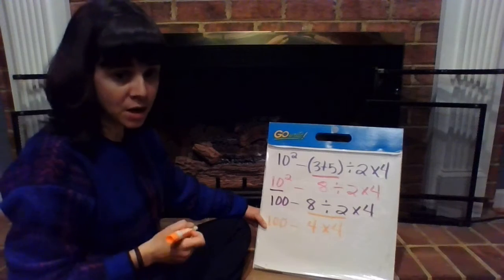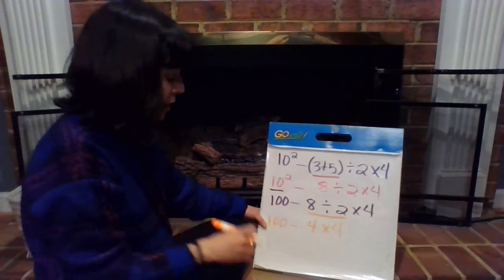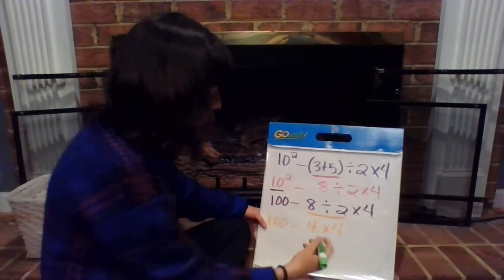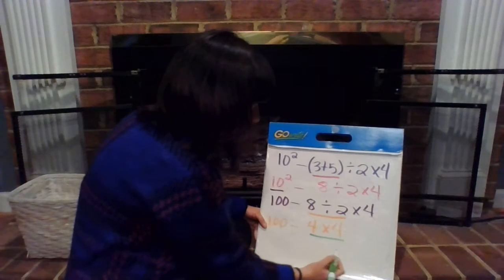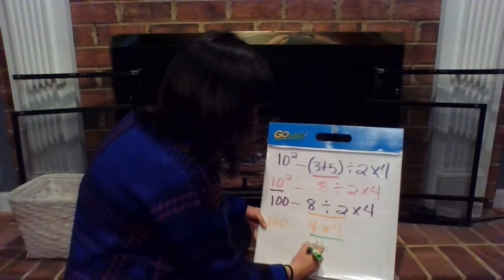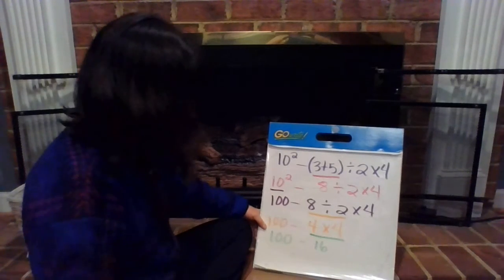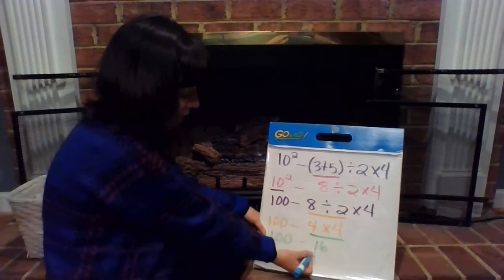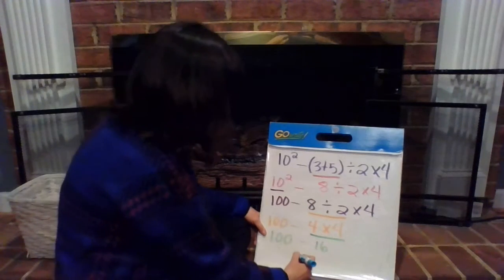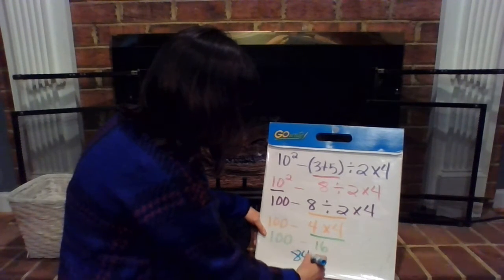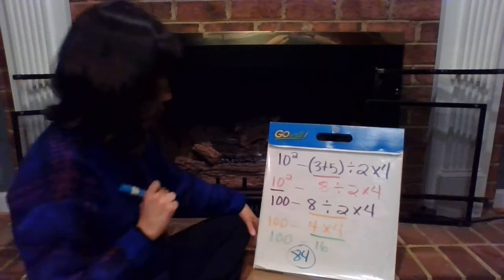Okay, so in PEMDAS, MD, I still multiply and divide before I add or subtract. So next I'm going to say 4 times 4, which is 16. And then bring down 100 minus. Okay, and then 100 minus 16 would be 84. Okay, and then I could check that.